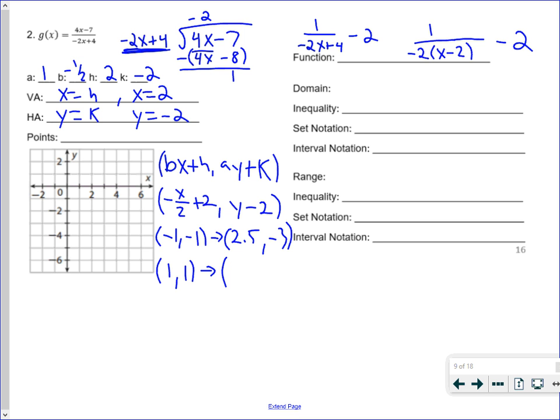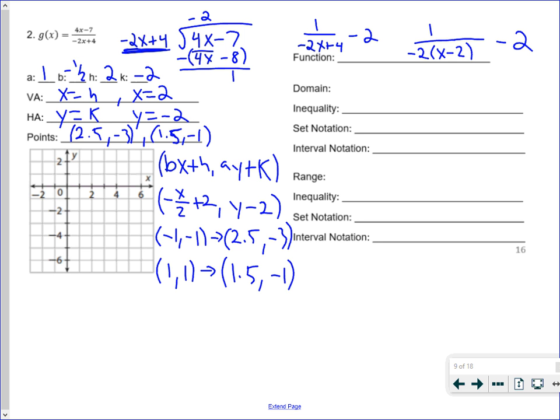For (1, 1), we get negative 1/2 plus 2, that's a positive 1.5. And when our y is 1, 1 minus 2 is negative 1. So those are our 2 points: (2.5, -3) and (1.5, -1).